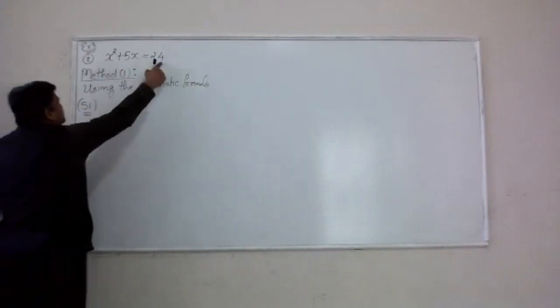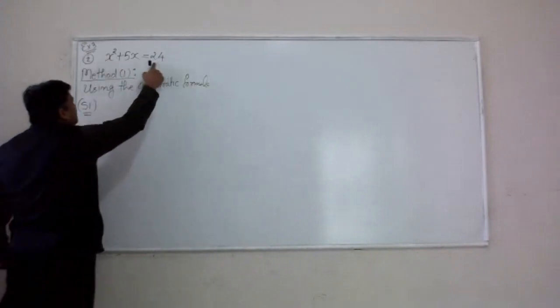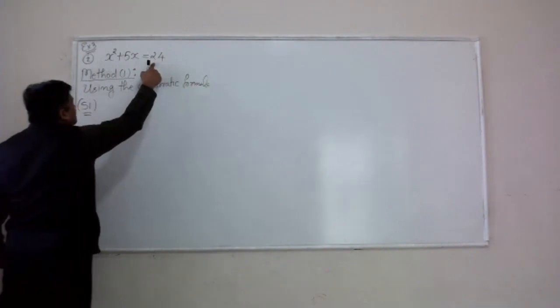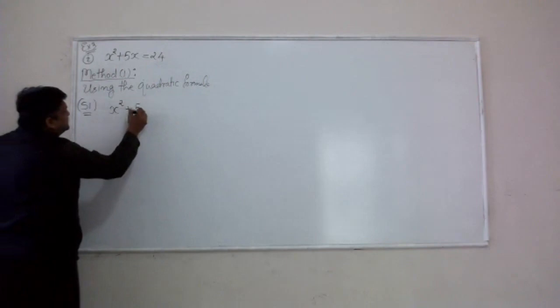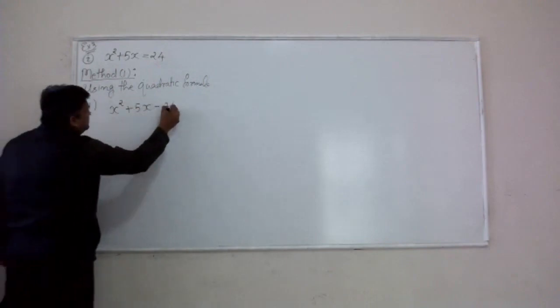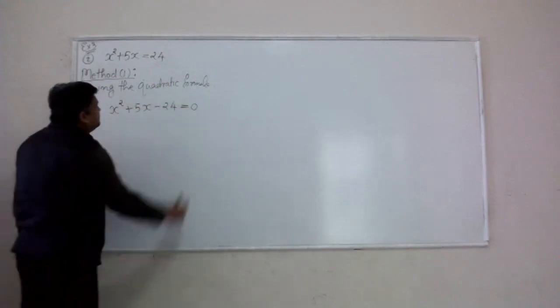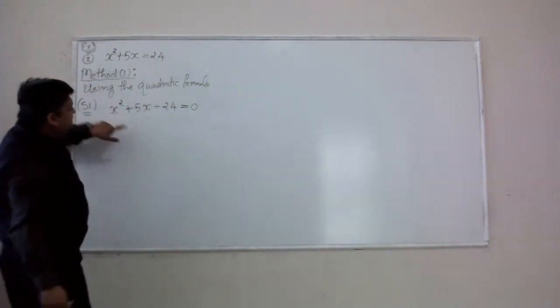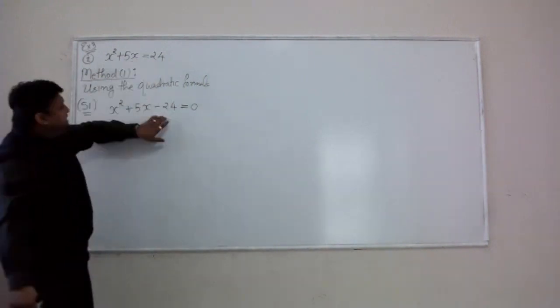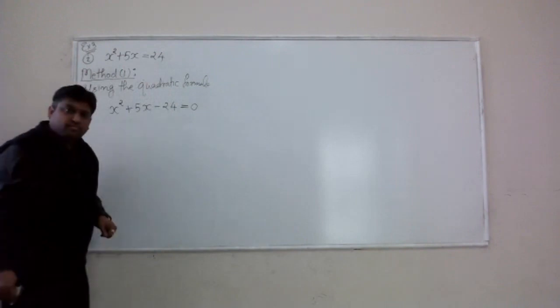To convert this into the standard form, I want the right side to be 0. So add negative 24 on both sides to convert this quadratic equation into its standard form.